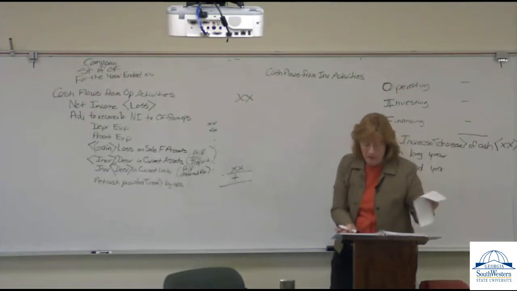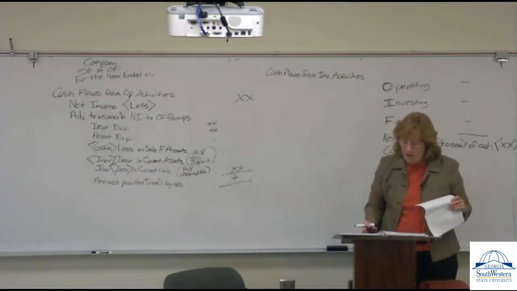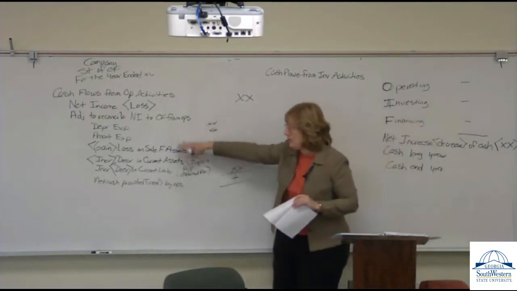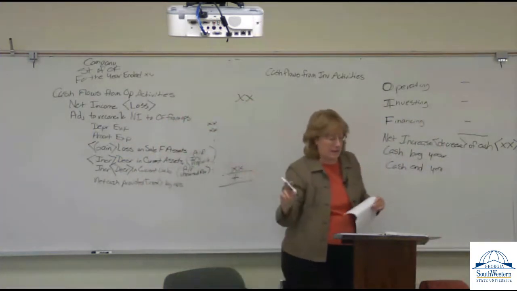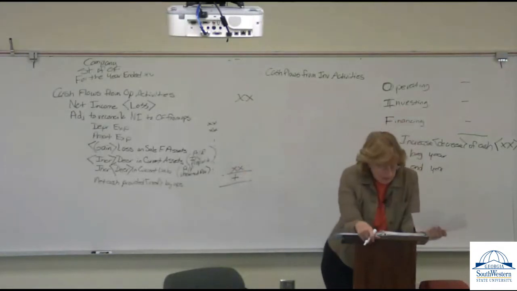The book kind of scatters these sort of things around and doesn't give it all to you in one place, to be honest. But one place it tries to put this is on page 230, where it gives you a list of investing activities.